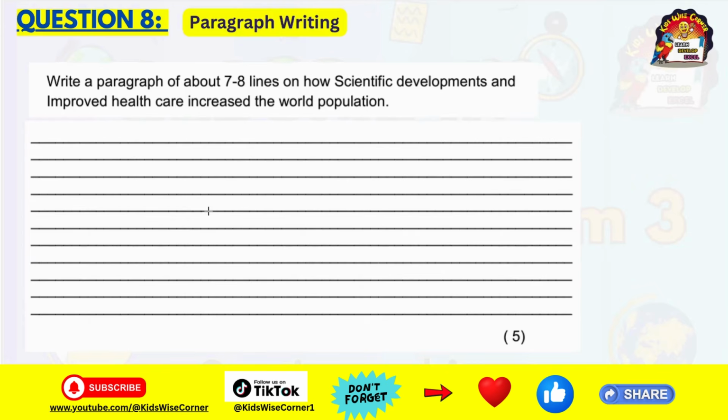So let's write some points down. Scientific developments and improved healthcare have helped increase the world's population.